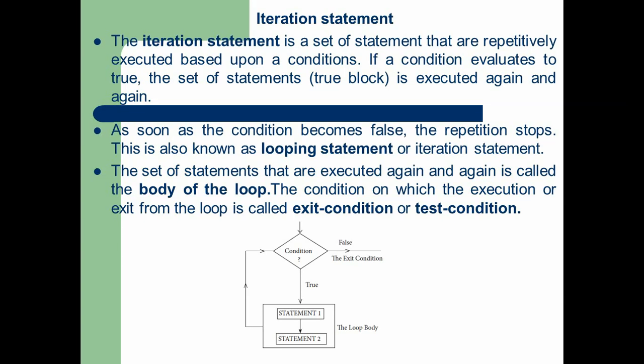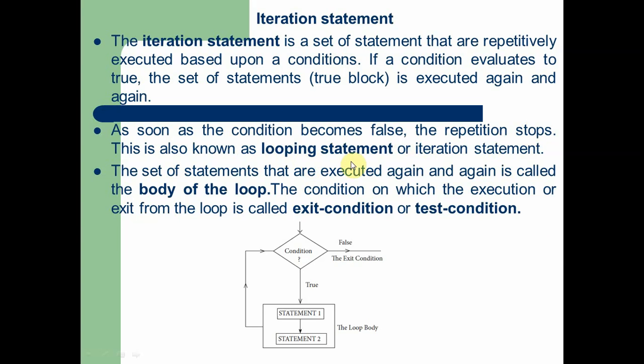If the condition is true, then the same statement is executed again. This process repeats whenever the condition is true. If the condition becomes false, then the repeating of the same statement will stop. As soon as the condition becomes false, the repetition stops.